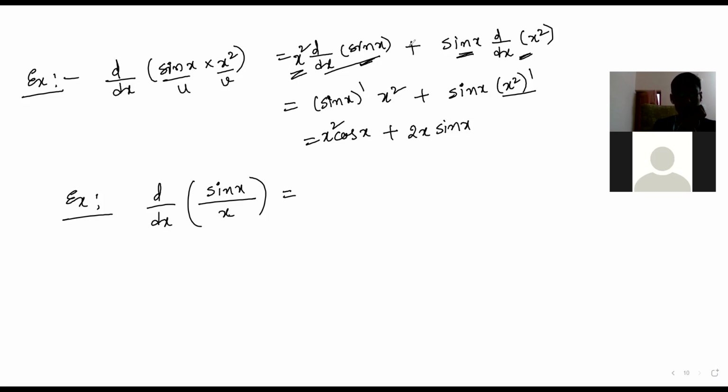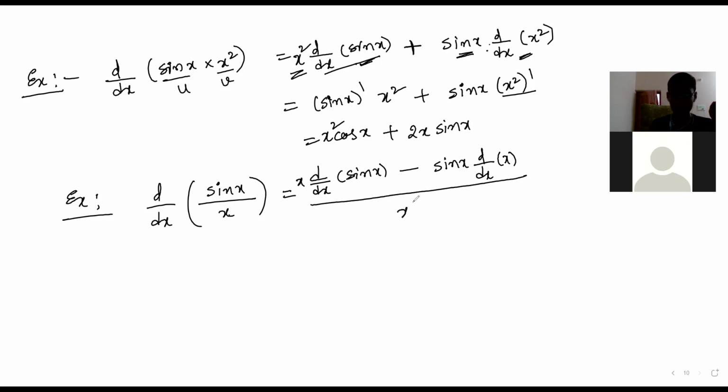Here, because plus is there, you can keep any one function aside and write either one first. But here you must write like this: x aside, d by dx of sin x, minus, and then sin x aside, d by dx of x, by x square.